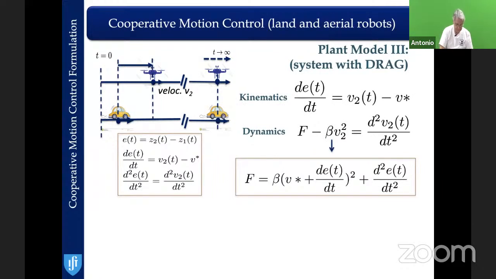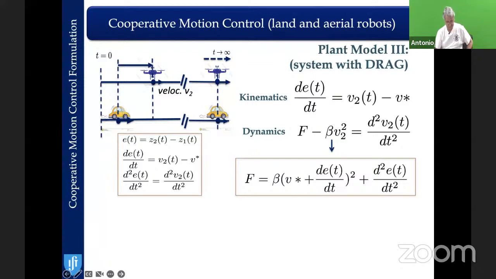Now, there's something missing here. Yeah. So the derivative of e is V2 minus V star. But now I'm going to introduce drag. So the force is not simply dV2/dt, but it has a drag term.